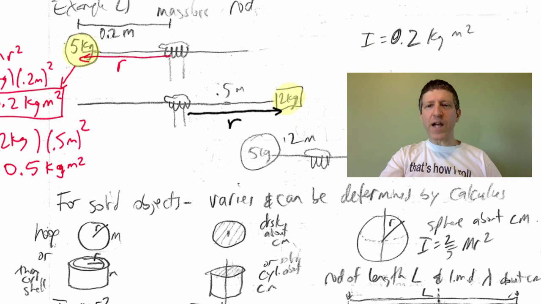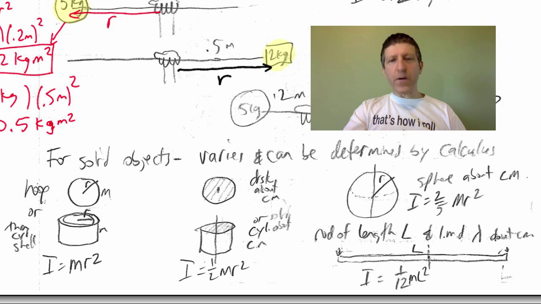Now for solid objects, this varies for different things, but you can see that depending on the shape, they might have more or less moment of inertia depending on how far away all the mass is from the axis of rotation, and depending on what the axis of rotation is. Now a hoop, this is the one you have to know. If it's a dimensionless hoop, in other words, all the mass is exactly r away and it's got mass m, it's just like a bunch of little tiny masses all a distance r away.